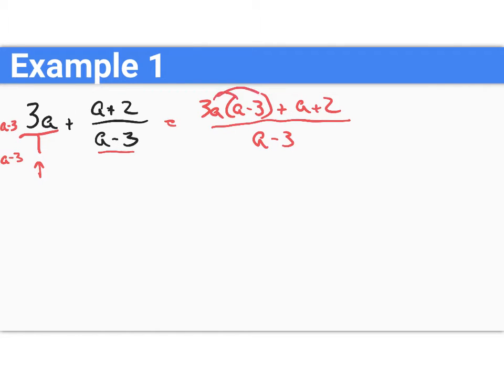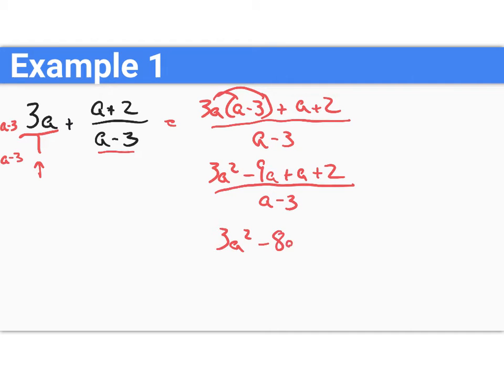And so now I have to distribute the 3a, which gives me 3a squared minus 9a plus a plus 2 all over a minus 3. Combining terms, I get 3a squared minus 8a plus 2 all over a minus 3. So let's see, can I separate that top trinomial?